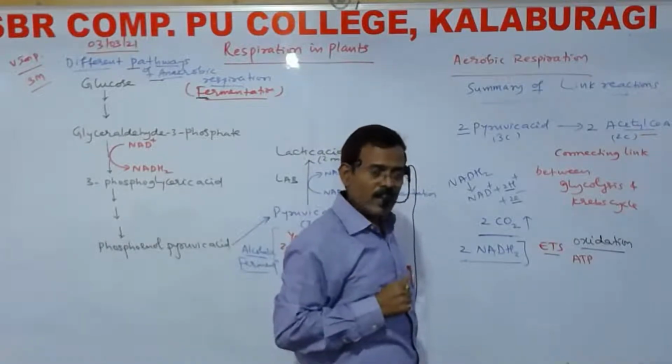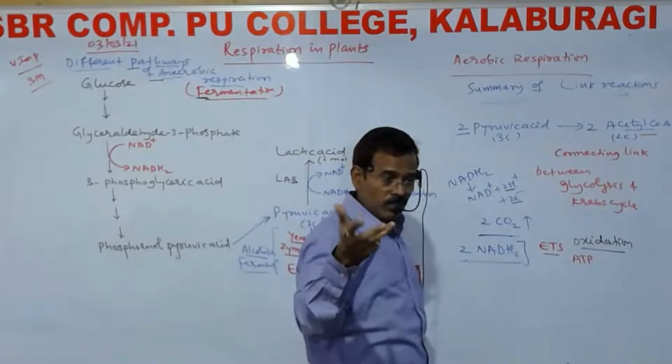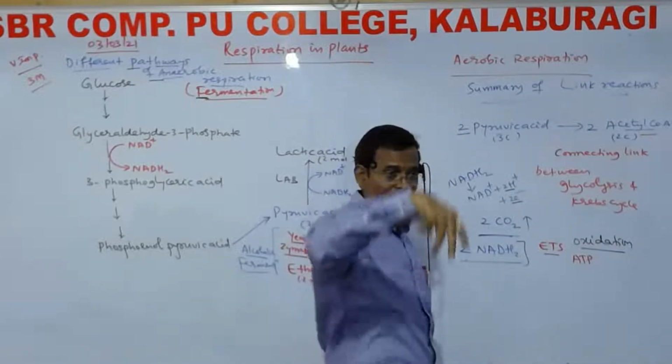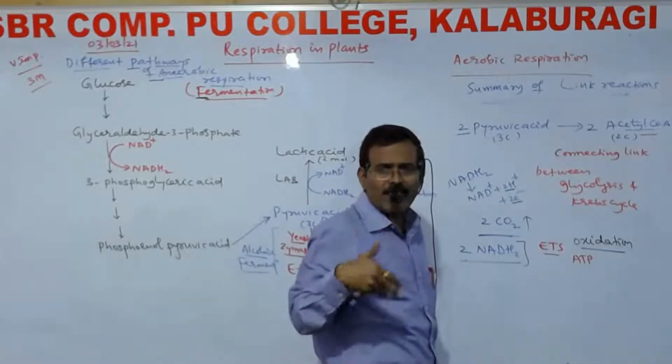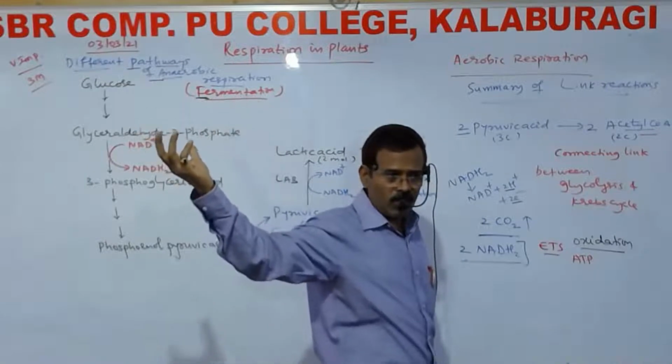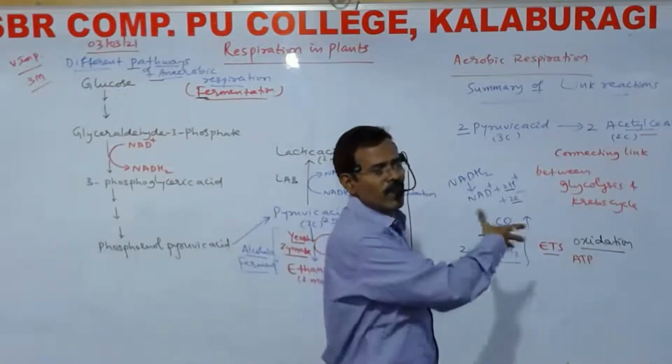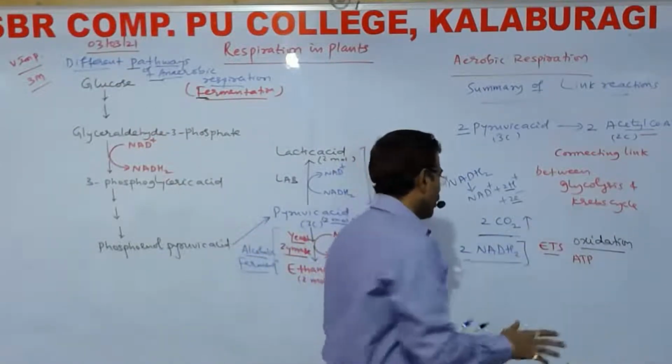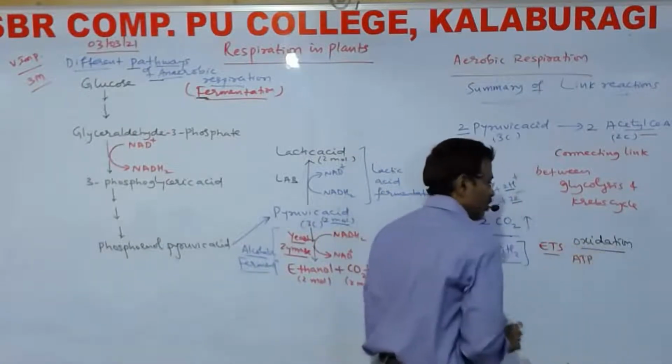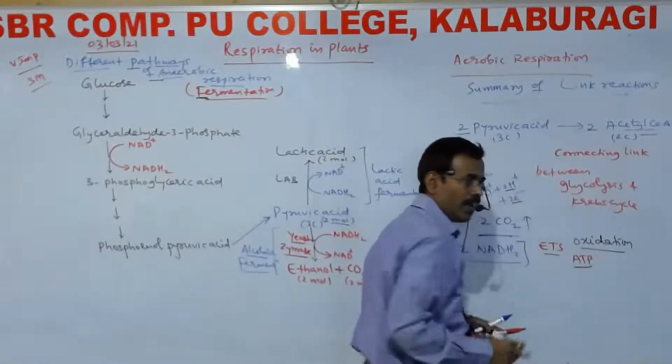gradient. So the chemiosmotic hypothesis, what we learned in the light reactions of photosynthesis, is the same kind of mechanism. There it was the chloroplast thylakoid, here it is the intermembrane space of the mitochondria. So this NADH2 oxidation results in the synthesis of ATP.